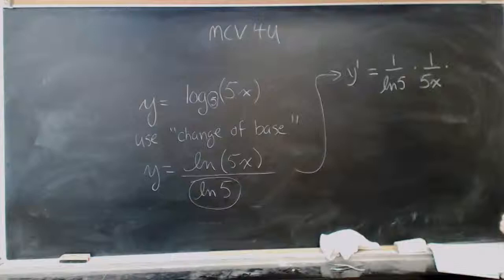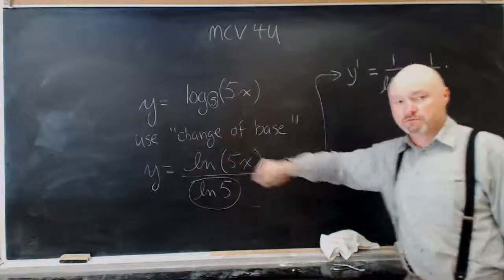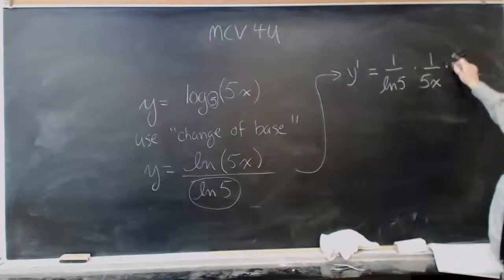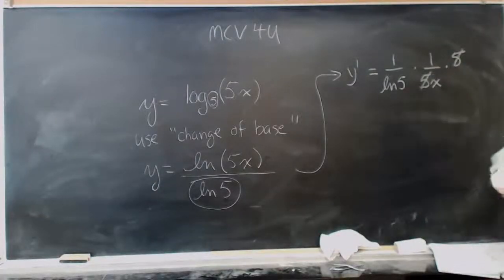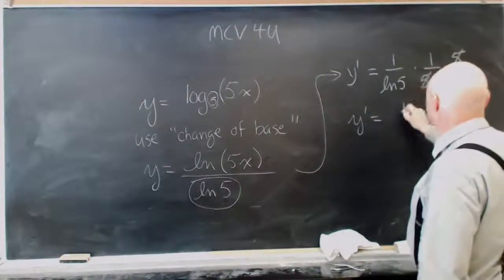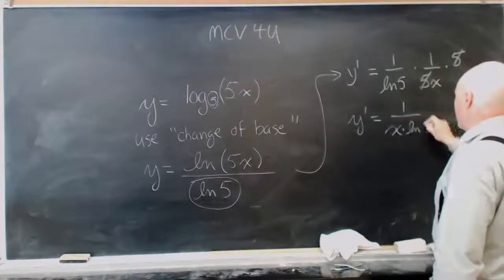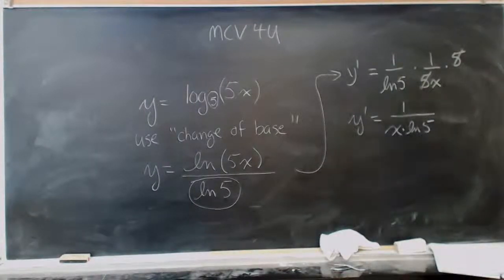And then you have to use the chain rule. So I have to do the derivative of the inside function as well. Times 5, yep. Okay, let's keep going. So those cancel. So there's my derivative.